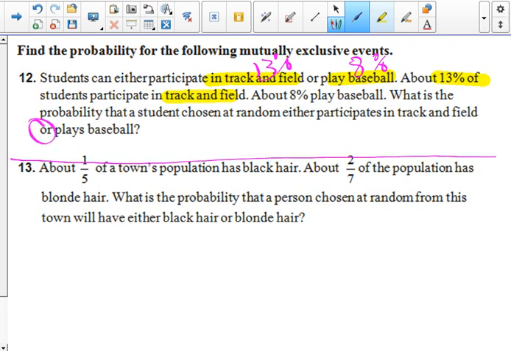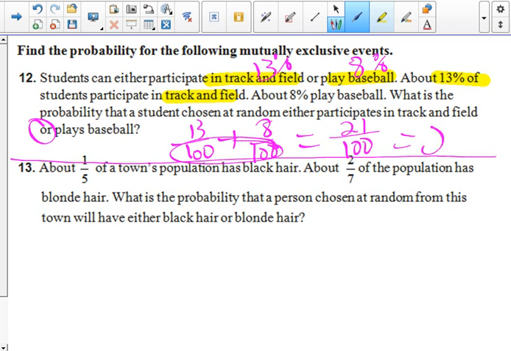There's that "or," so we're going to add it. So we are going to have 13 over 100 plus 8 over 100. And notice that our fractions are the same, so you could actually just add 13 plus 8, which is 21, over 100, which is 21%.